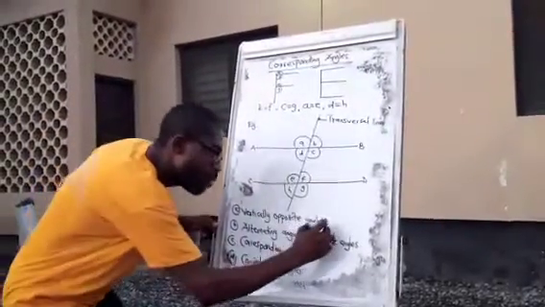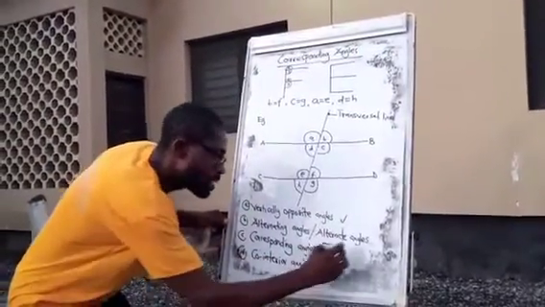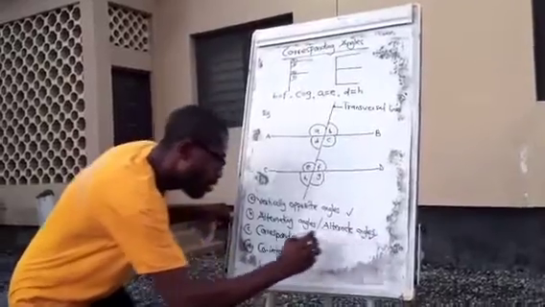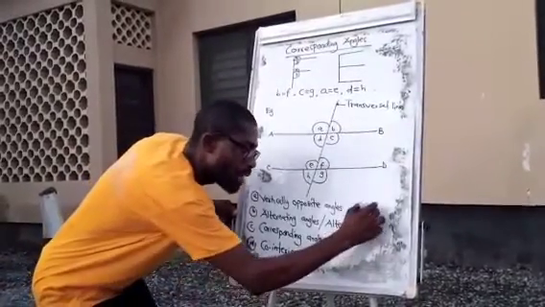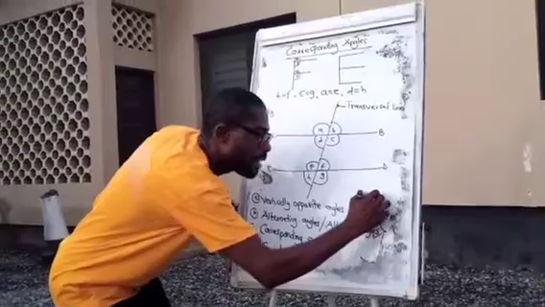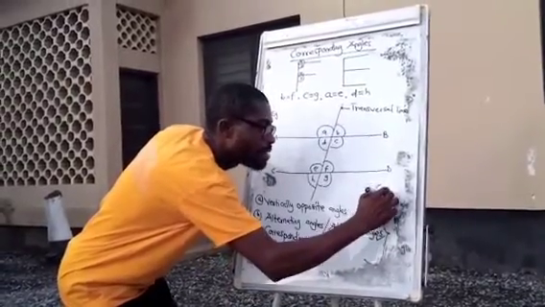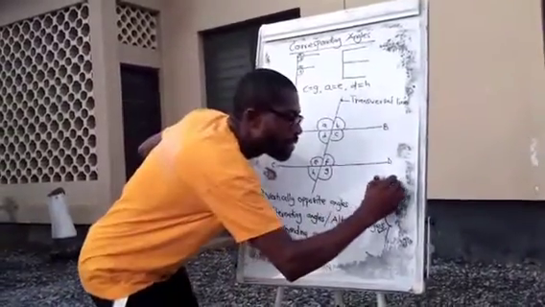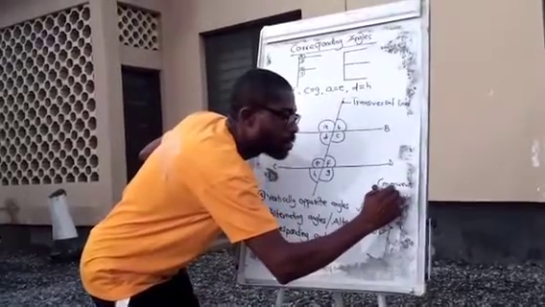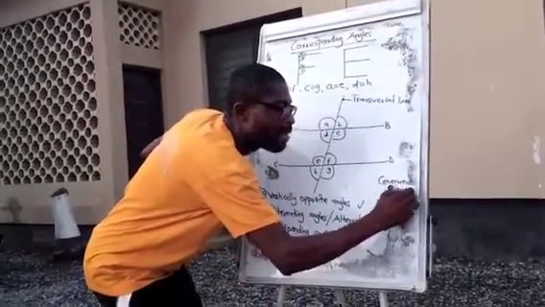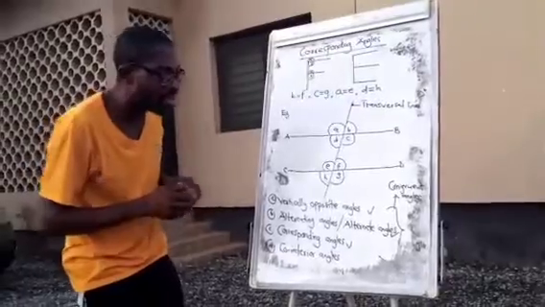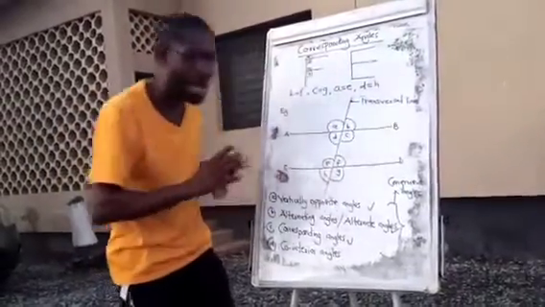So with vertically opposite angles, with alternating angles, with corresponding angles, we term them as congruent. They are congruent angles. And congruent angles simply means equal angles.